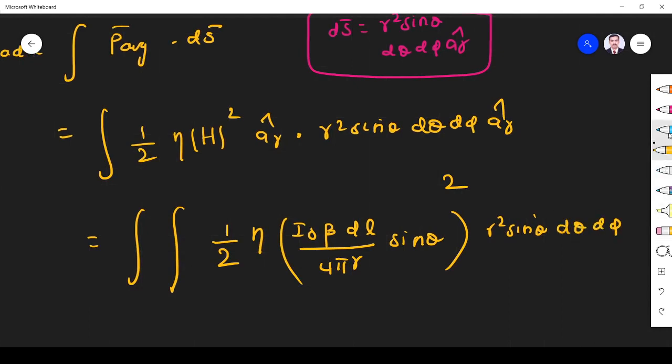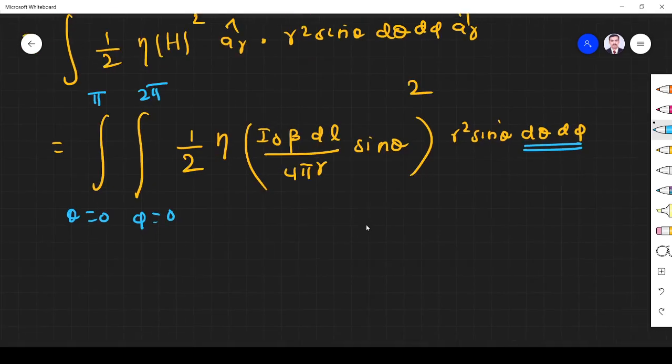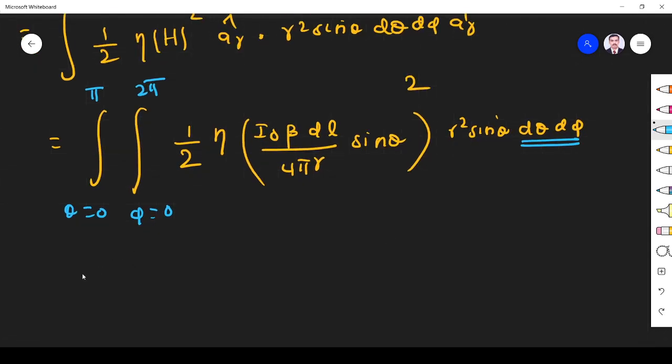Since the integration is with respect to theta and phi, we know in the spherical coordinate system theta ranges from 0 to pi and phi goes from 0 to 2 pi. Substitute those values.